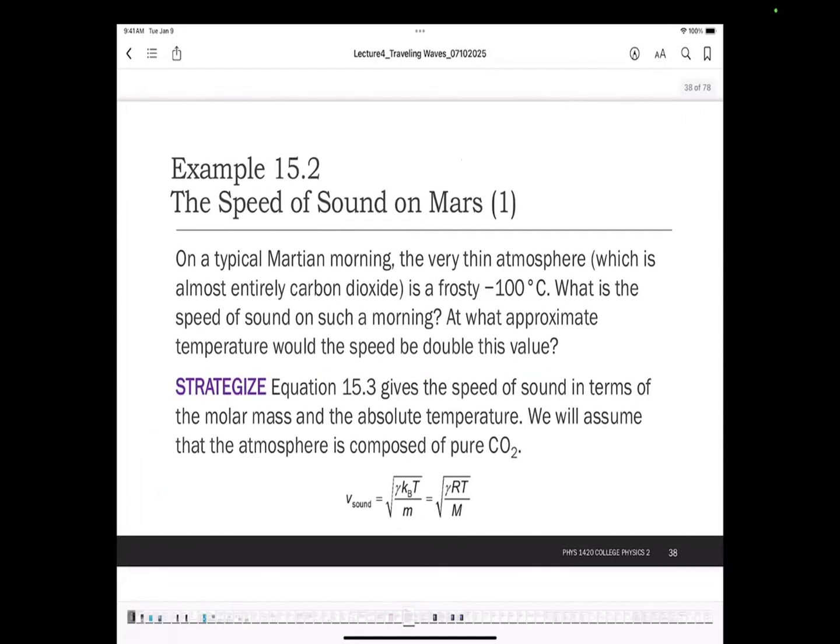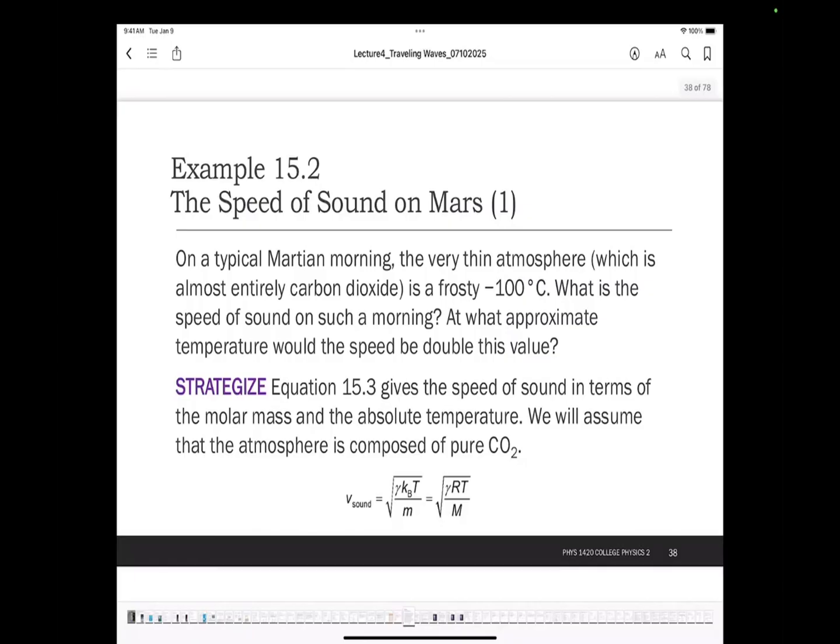Okay, let's talk about the other examples. The speed of sound on Mars.